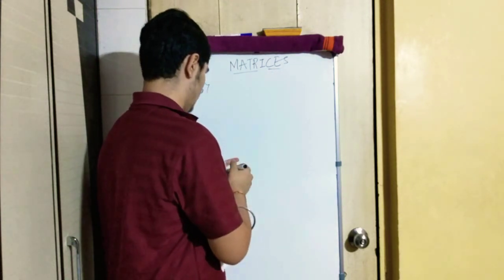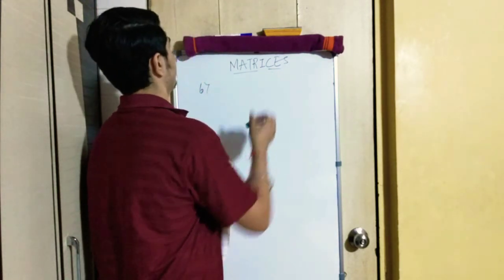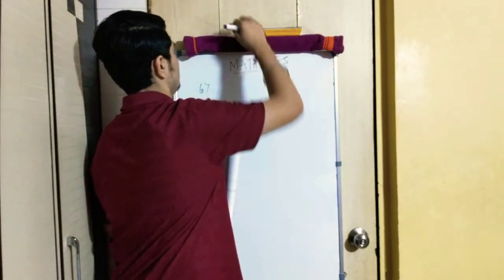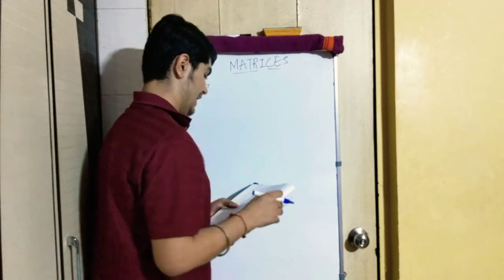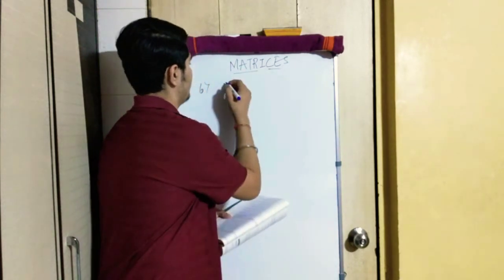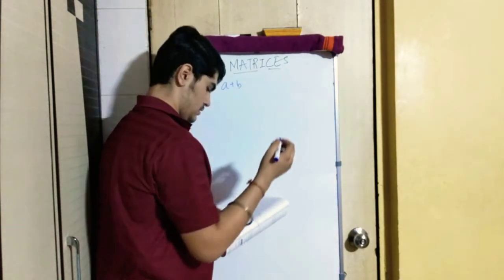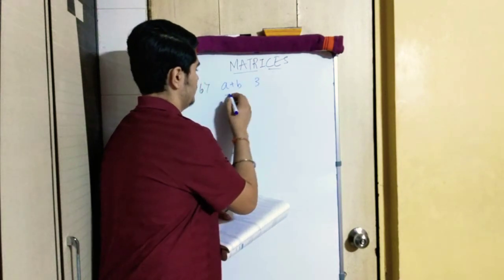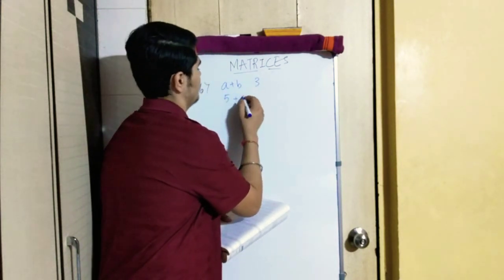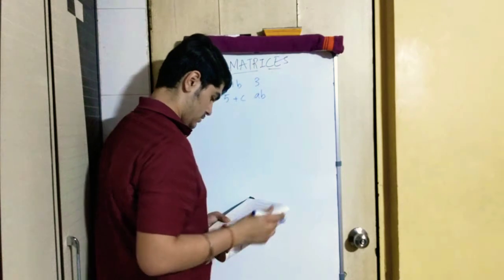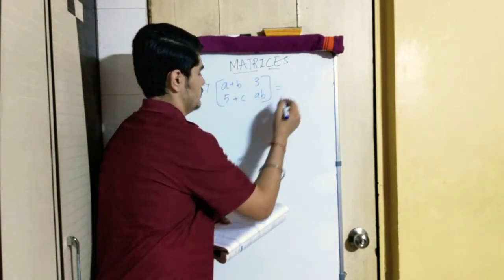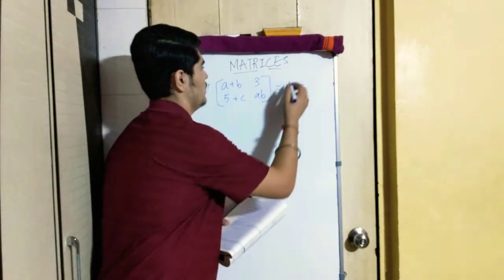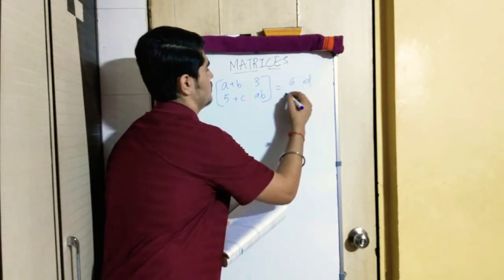I'll write it with another pen. Find the values of a, b, c and d. Here the matrix given is a plus b, 3, 5 plus c, ab is equal to 6, b minus 1, 8.